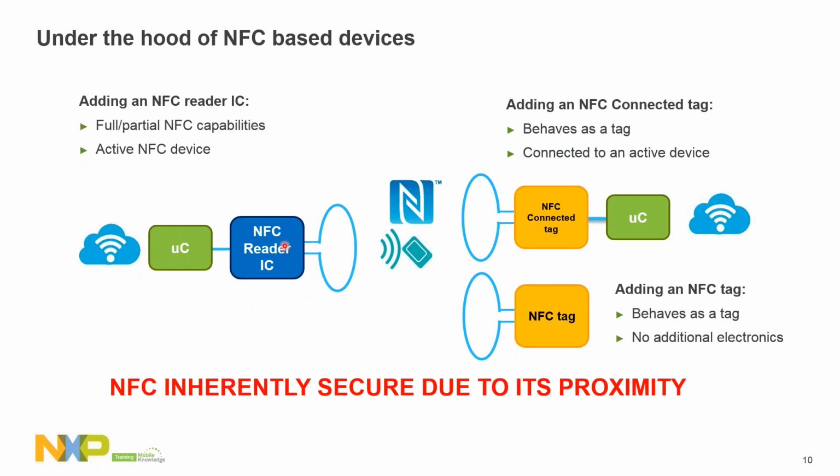This is an active NFC device with an NFC reader IC that allows this device to generate an NFC field and establish a communication with other NFC-enabled devices. Depending on the NFC reader IC capabilities, the device shall be able to operate in the 3 modes of operation we've seen before, or just as a reader.